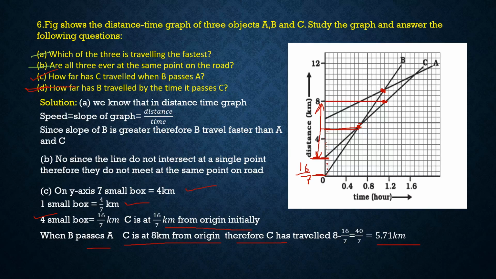It means B has traveled 36 by 7 kilometer by the time it passes C. So B has traveled a distance of 5.14 kilometer when B passes C.